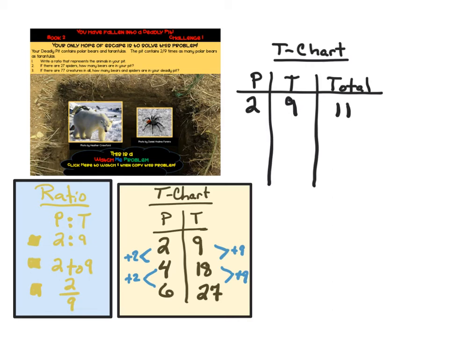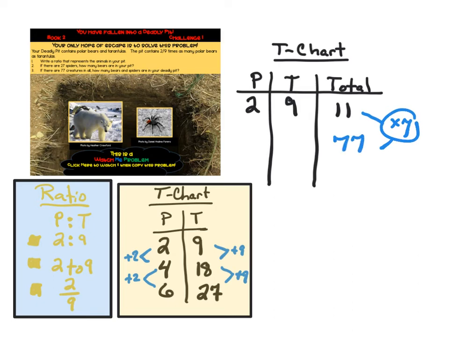Now, I could do this in one of two ways. I could do repeated addition like I did over here, plus 9, right? And I would just go plus 11, plus 11, plus 11, plus 11, plus 11, until I got to 77. Or I could do a shortcut and just go, okay, if I've got 11 and I want to get to 77, I happen to know that I need to just multiply 11 by 7, and that will give me 77.